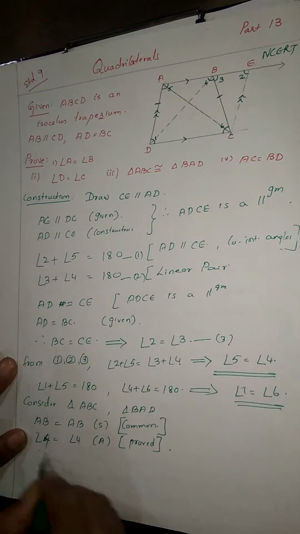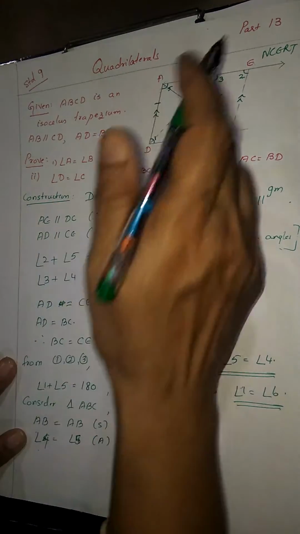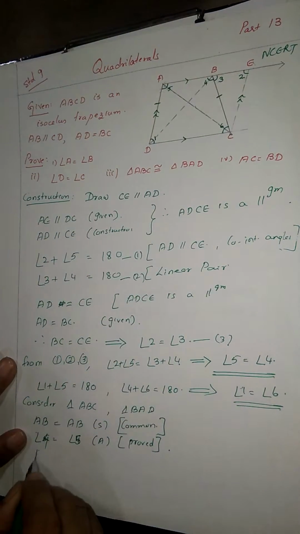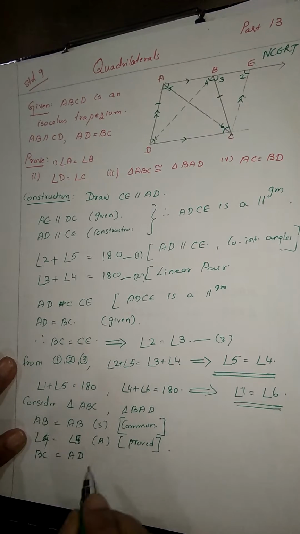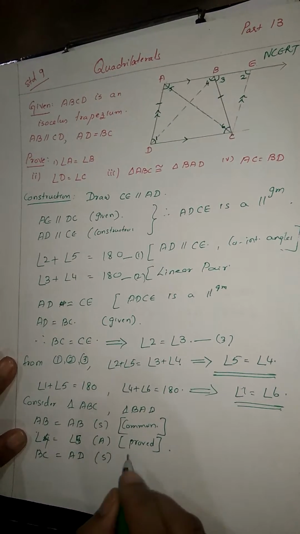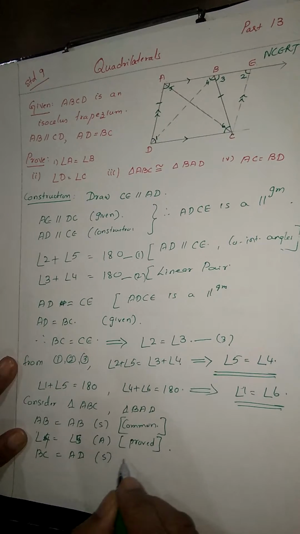So angle 4 is equal to angle 5, and BC is equal to AD, given.